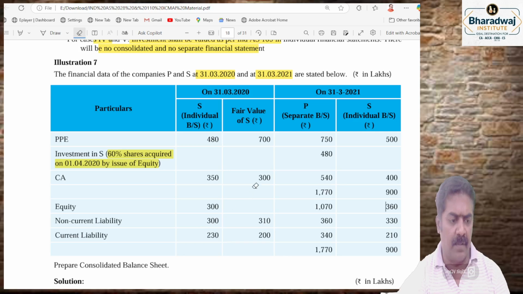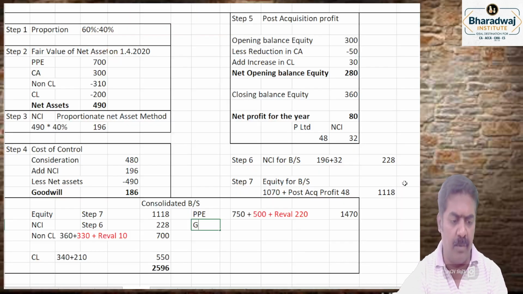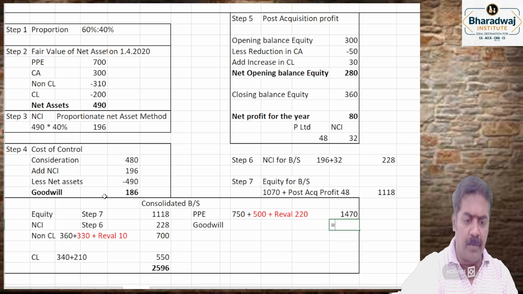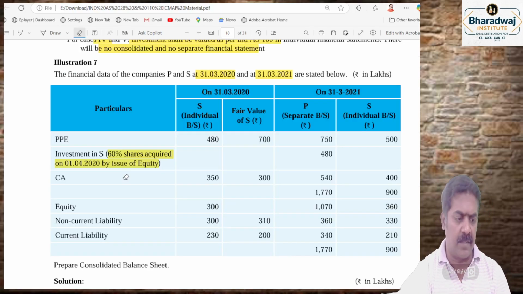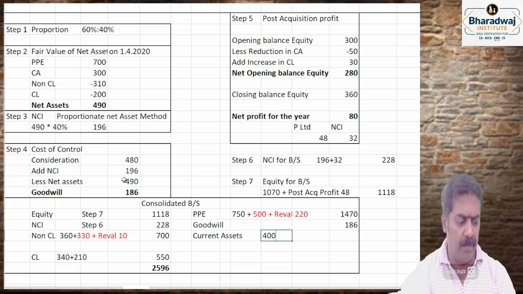Then what is the next one? Current assets. Okay, goodwill will come. Goodwill is an intangible asset. In the exam, please follow the proper format. Then current assets, 400 plus 540.